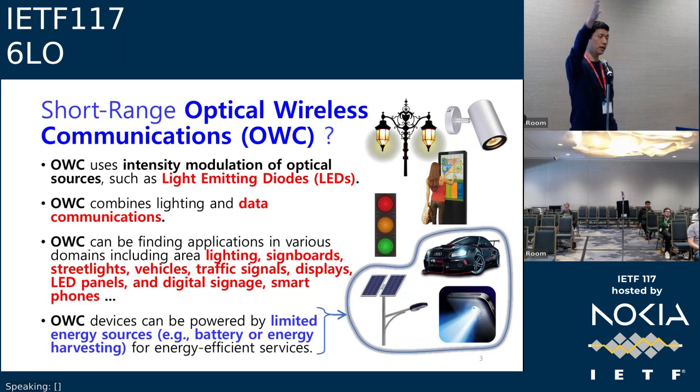You can see it in room lighting, signboards, street lights, vehicles, traffic signs and signals, displays, LED panels, digital signage, and smartphones. You see the LED. So an LED device can be powered by a limited energy source, for example a battery or energy harvesting, for energy-efficient services. Next slide, please.